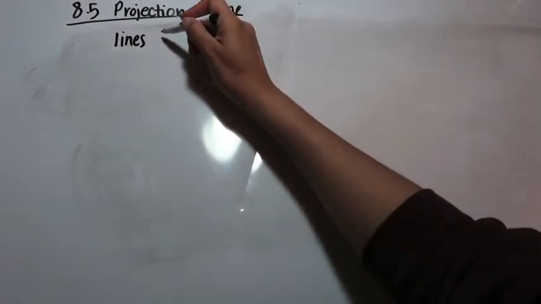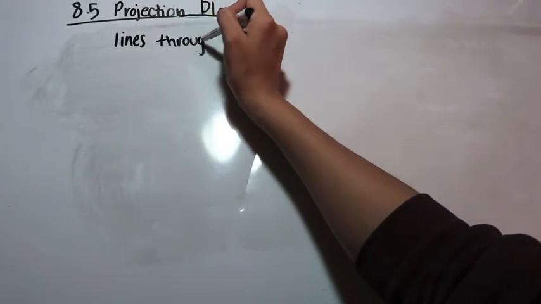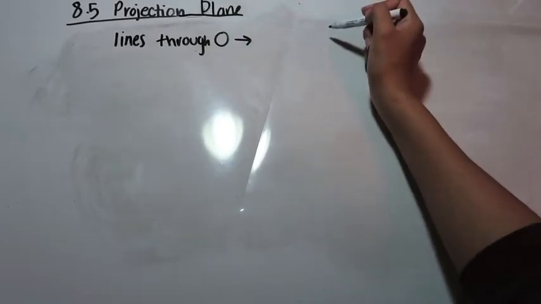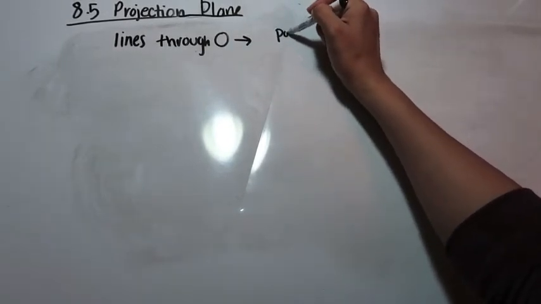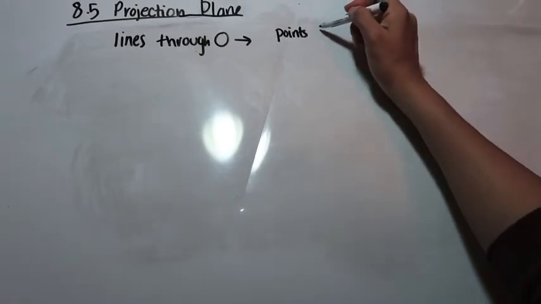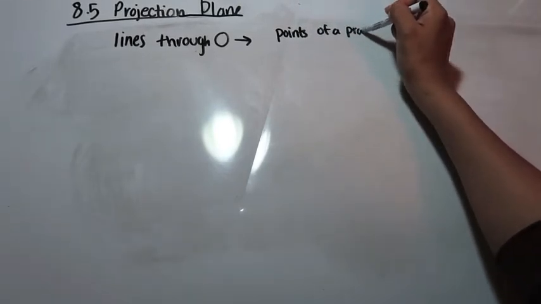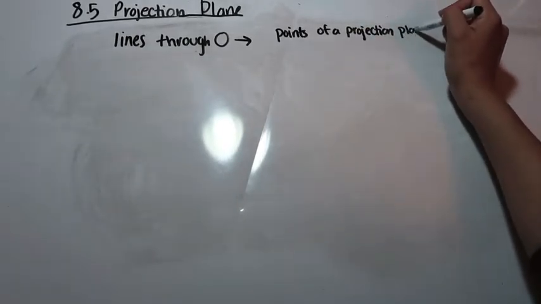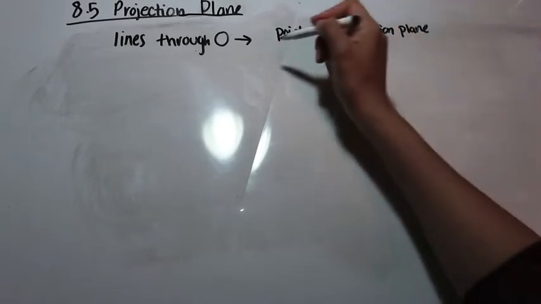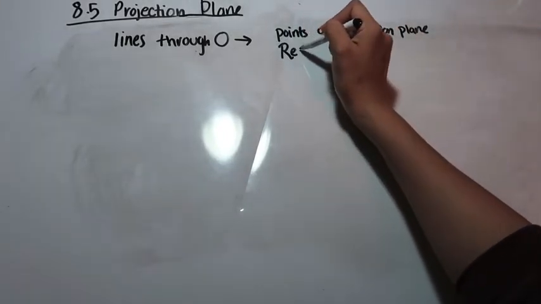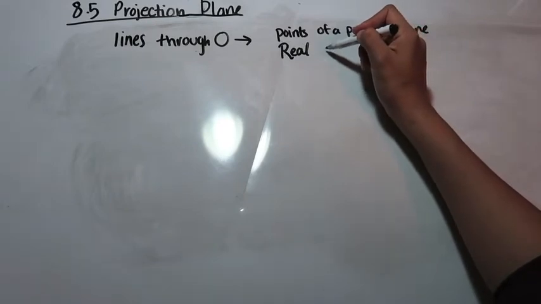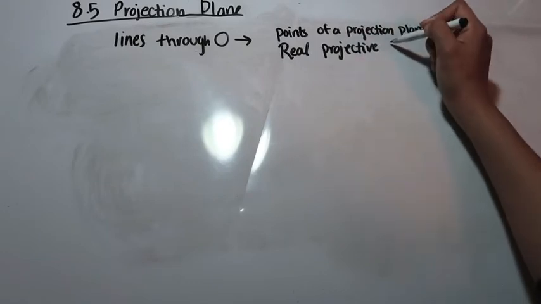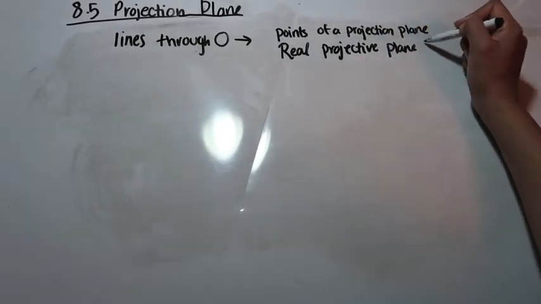The lines that go through big O are the points of a projection plane, and they're called the real projective plane, RP2.